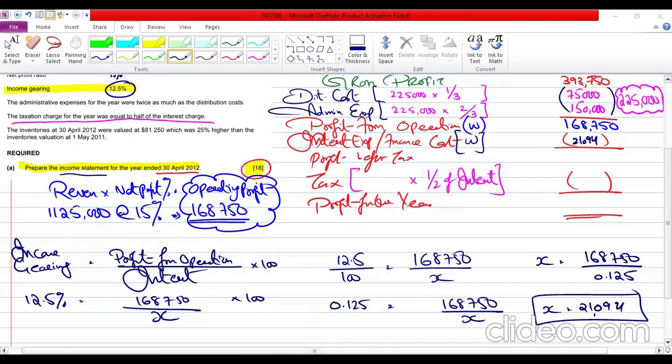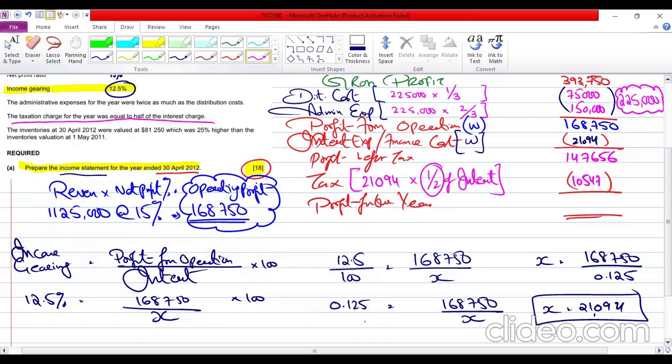It is 147,656. Half of interest is tax. So interest is 21,094. Half of it is how much?